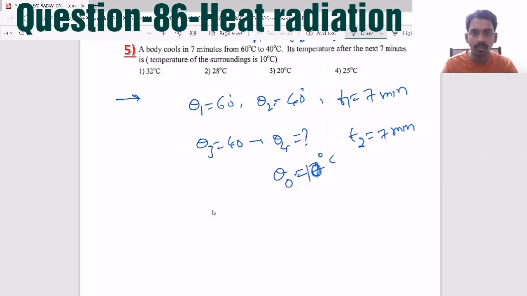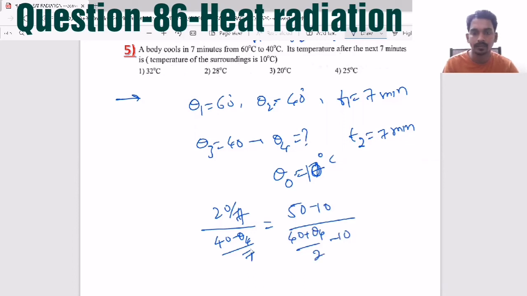Now first case 60 minus 40, 20. So 20 by T1 is 7, by here 40 minus theta 4 by 7, equal to, so now (theta 1 plus theta 2) by 2, (60 plus 40) by 2, 50 minus 10, by (40 plus theta 4) by 2 minus 10.